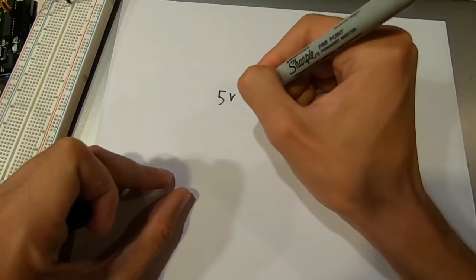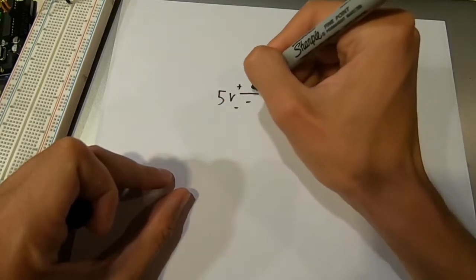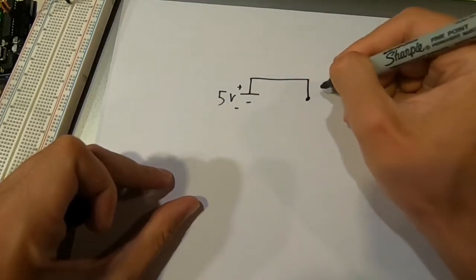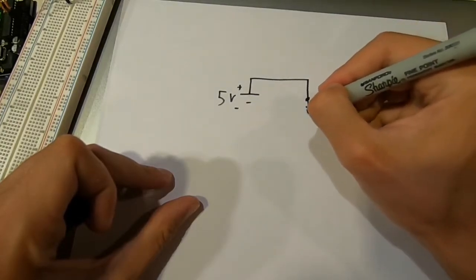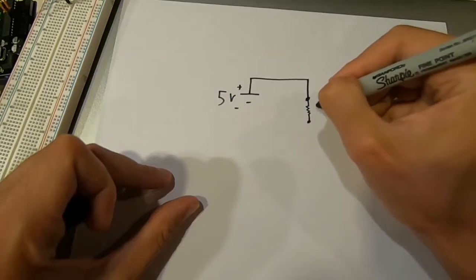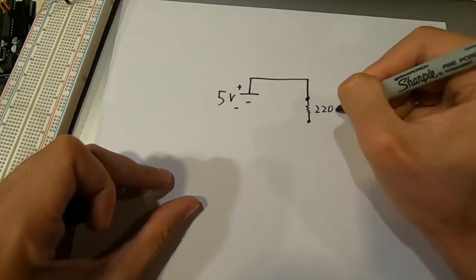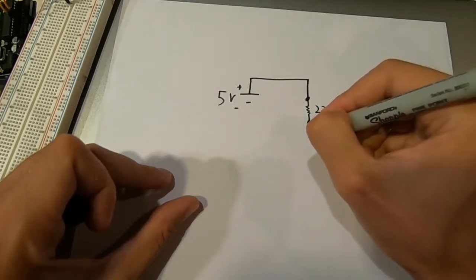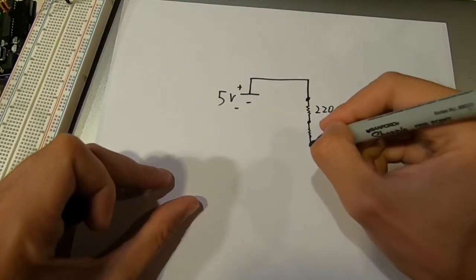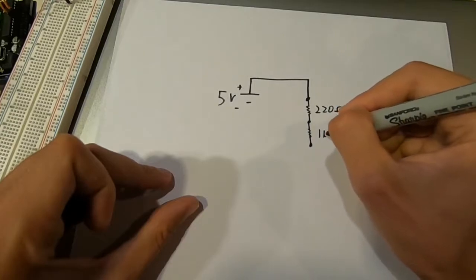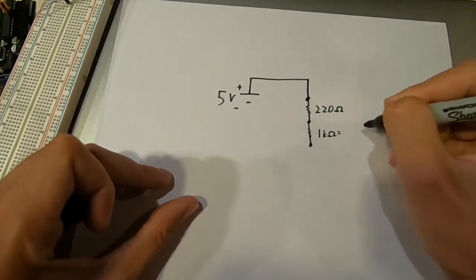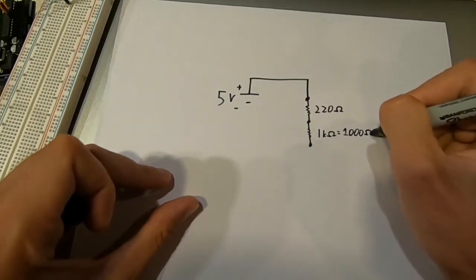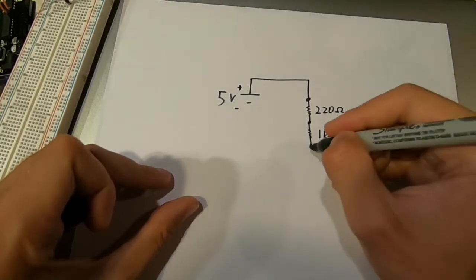So this is the positive, this is negative. We still have our 220 ohm resistor right here, so that hasn't changed. But now we have a 1 kilo ohm, or 1000 ohm, resistor next to it.